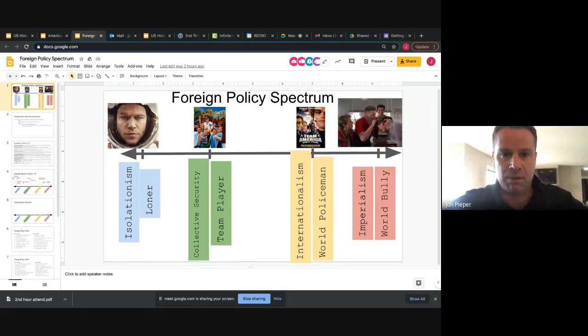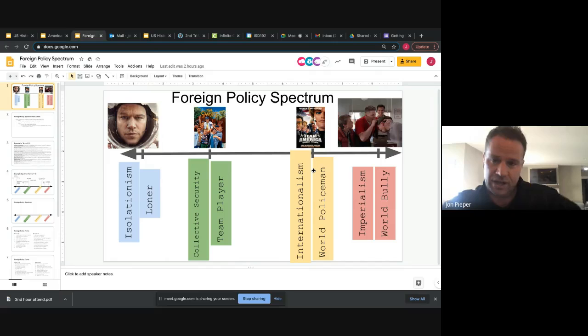Have we been all about a team mentality with collective security, where we're calling that the team player when it comes to the world? Operating with treaties and alliances and doing what's good for everybody involved. Now, this is kind of the nice side of the spectrum over here, and this is kind of the not so nice side of the spectrum over here, where you've got internationalism.